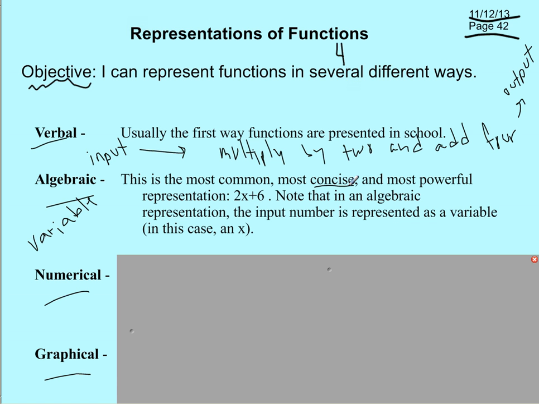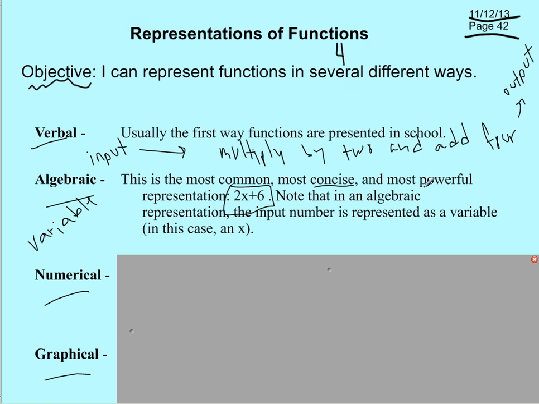It gives you a lot of information in just a little bit. For example, 2x plus 6. That is a very short description of a rule that says multiply your input by 2 and then add 6. So we like algebraic representations of functions because they're little, they're small, they're easy to work with.